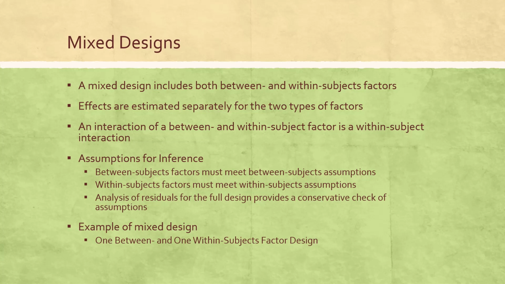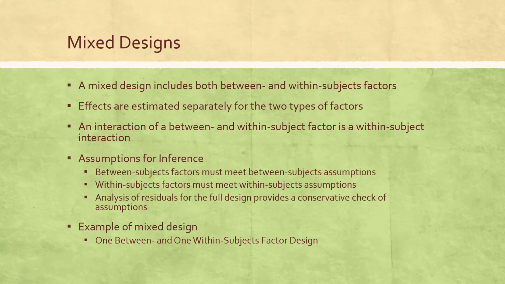Similarly, if we're going to make a valid inference based on the within subject factors, we must meet the within subject assumptions. Now, when you cross these two factors and analyze the residuals after crossing the factors, you're actually providing a conservative check of the assumptions.